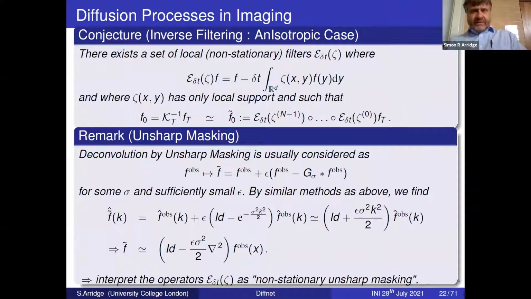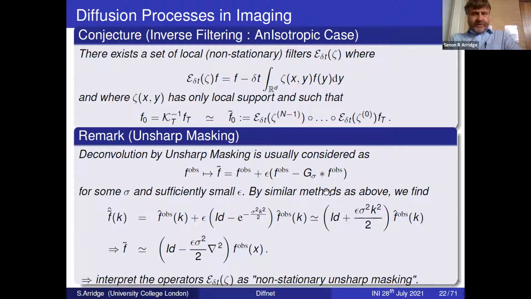And just as a remark, there's a classical process in image correction, image analysis called unsharp masking, which is normally written in the following way: we say that the observed data is given by a small multiple of the difference between the observed data and a Gaussian smoothed version, for some Gaussian scale and some sufficiently small epsilon.